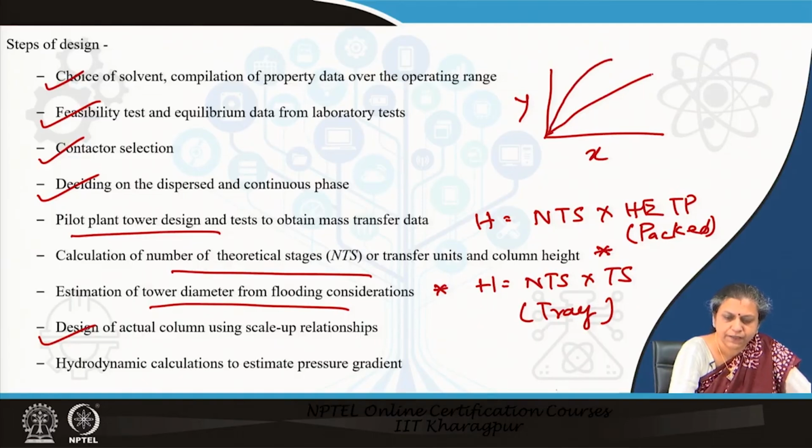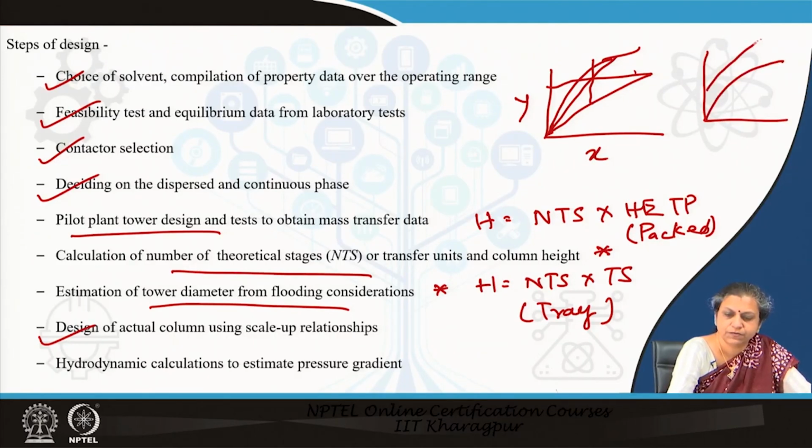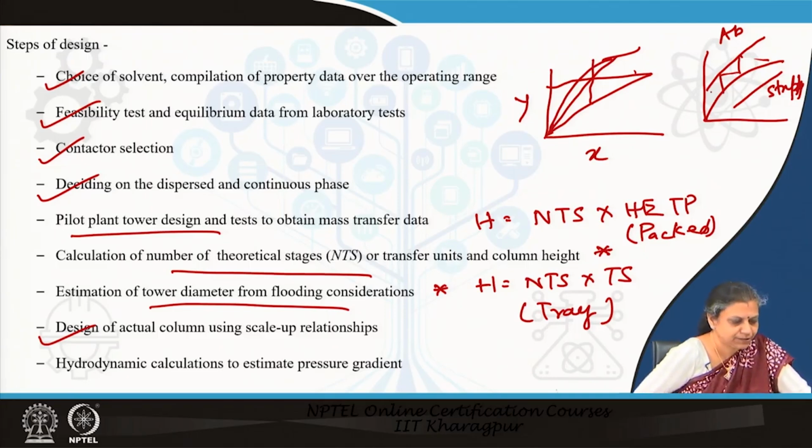So, for the distillation, this was the curve, this was the Q curve, and accordingly we had drawn the steps between the operating curve lines as well as the equilibrium curve, and we had found out the number of stages. In case of absorption also, if you remember, this was the equilibrium curve, this was the line in the case of absorption, this will be the line in case of stripping, and accordingly we had marked off steps and found out the number of stages.